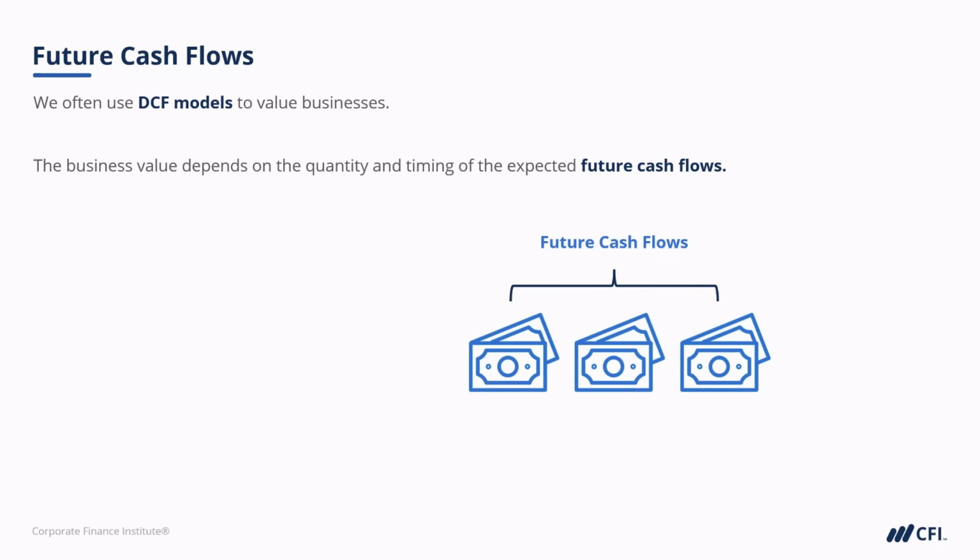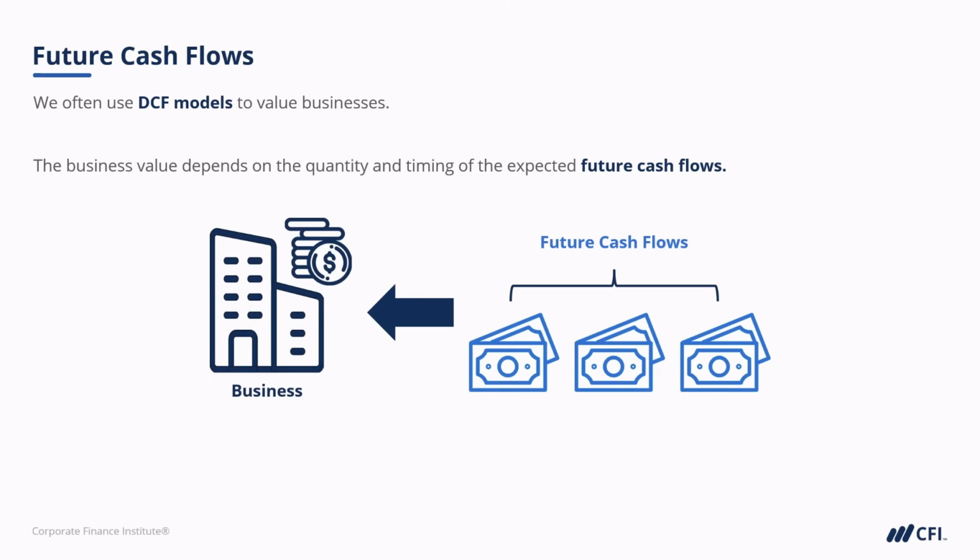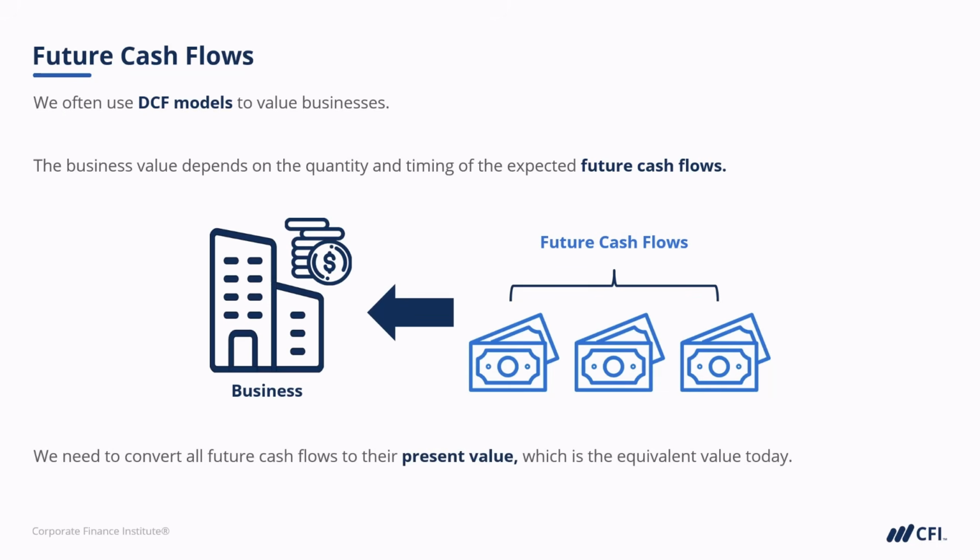Once we take all of those cash flows and we discount them backwards in time to arrive at a present value, once we add up all of those discounted cash flows, we effectively get the value of the business. So what we're really doing is we're converting all future cash flows to their present value, which is the equivalent value today. And that gives us the value of the business.